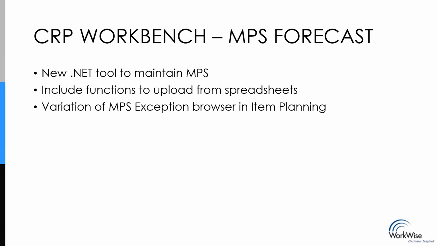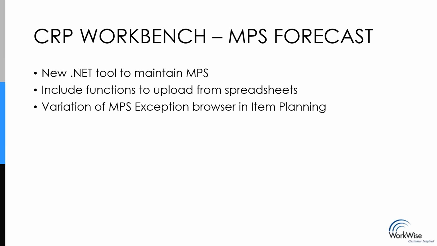We kind of put that as a separate tab in the CRP workbench, so you could look at and maintain MPS. Now, for those of you that may not be familiar with MPS versus MRP, very simple explanation.